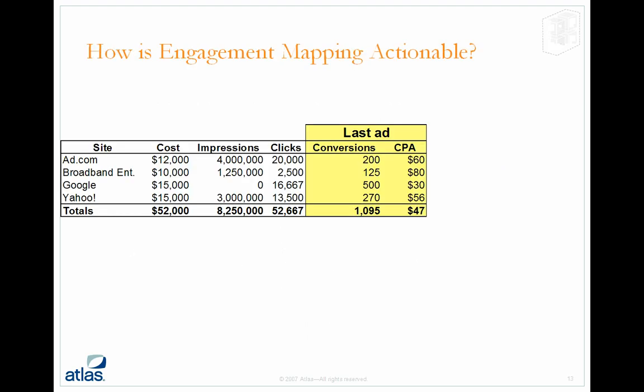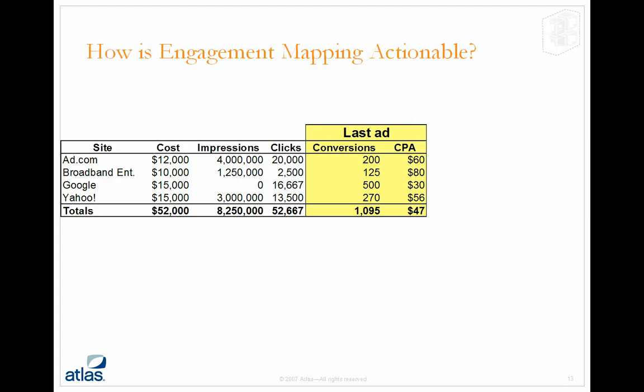So let's talk a little bit about what this actually means, where the rubber meets the road. This is how advertisers are viewing campaigns right now. So you can see some sites, advertising.com, Broadband Enterprises, a video site, Google and Yahoo. All this data I just mocked up to illustrate the point.